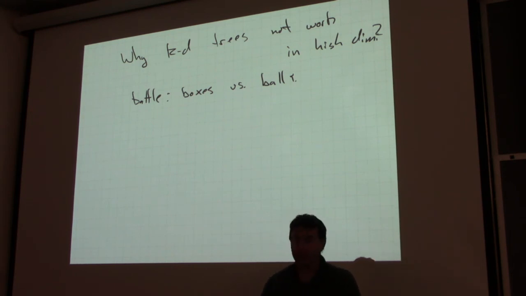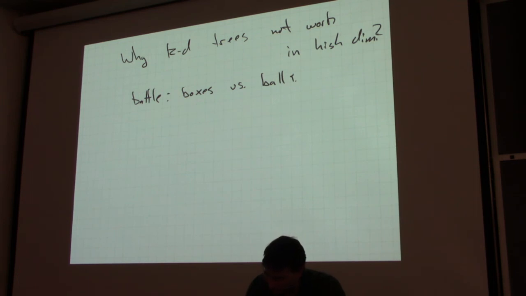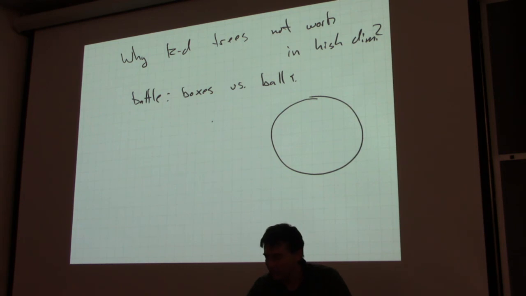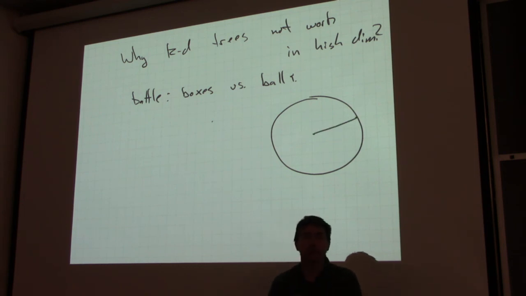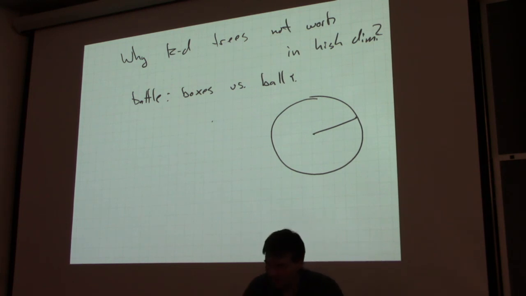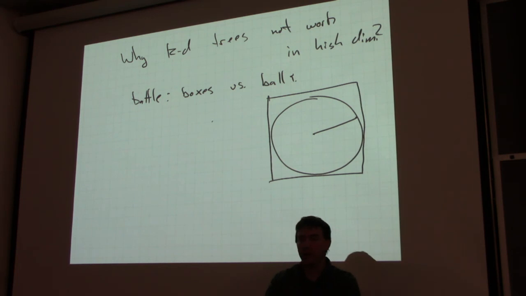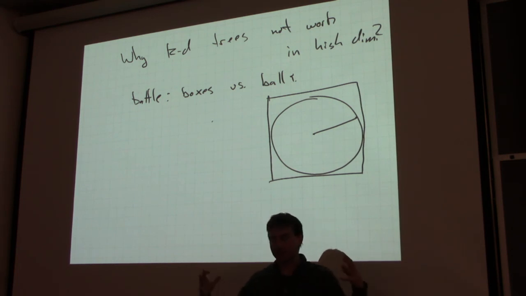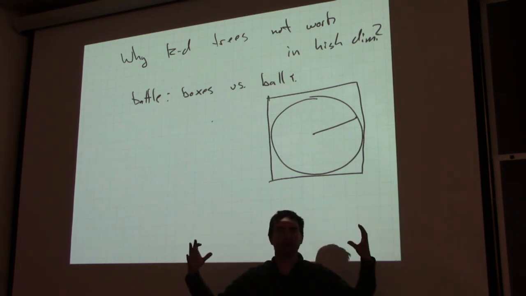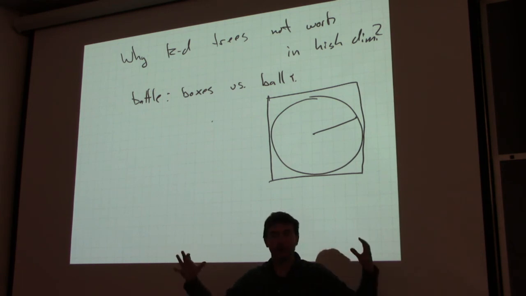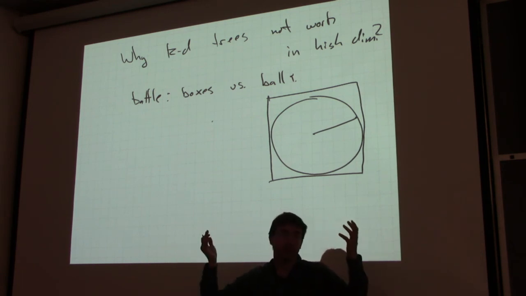We're typically talking about Euclidean distance, which looks like a ball in some way, but we're somehow decomposing the space into boxes. Let me draw a particular ball and box. Think of it as trying to fit the biggest ball inside of a box, or find the box which best fits a ball. So it's going to be a square.